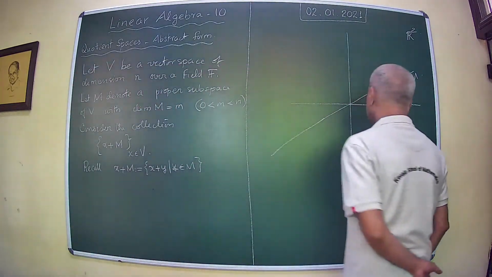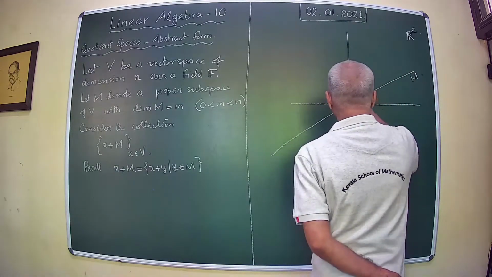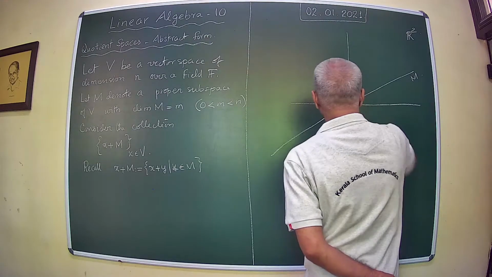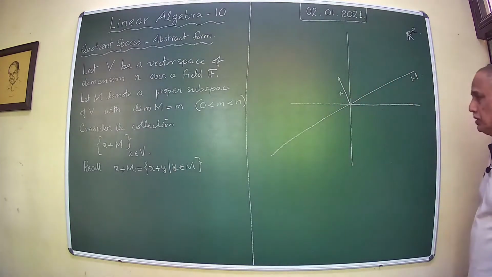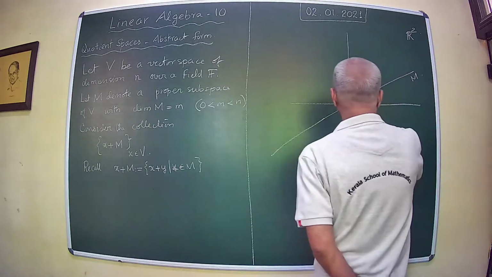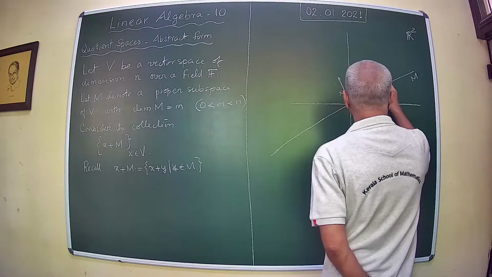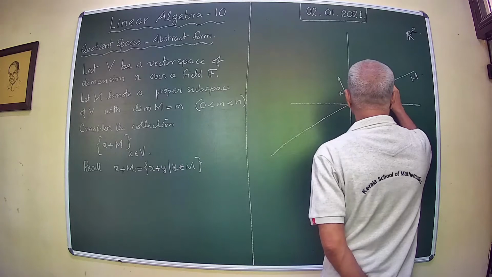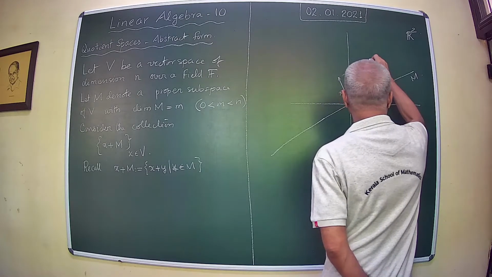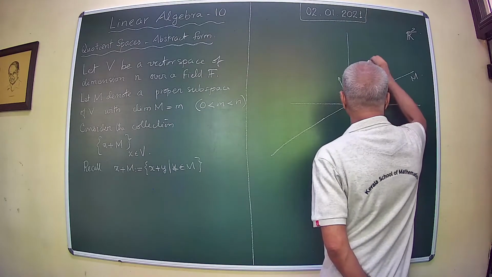So let us see what is going on in the one-dimensional space. We have a particular x that you pick up. Now you see that if you take x plus m, this is actually x plus y. So you choose some y here. Suppose this is y. Then you are completing the parallelogram when you take the sum.